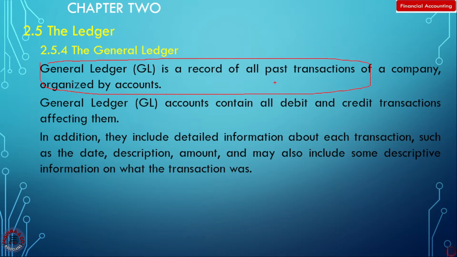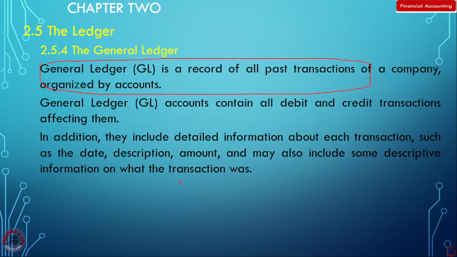And the accounts here are assets, liabilities, and capital, because assets will have various sub-ledger accounts for assets, liabilities will have sub-ledger accounts for liabilities, and capital will have sub-ledger accounts for capital. When we come to revenue and expenses, the difference between revenue and expenses will form retained earnings, and the retained earnings will be added to capital, and that will form equity.